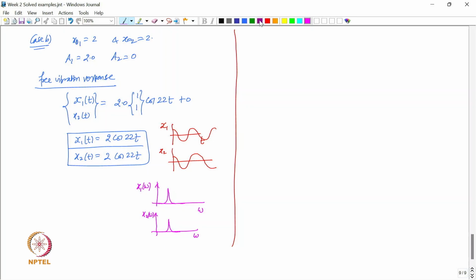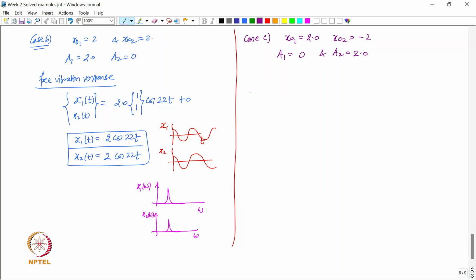So, let us now take the last case, case C. In case C we had x naught 1 equal to 2, x naught 2 equal to minus 2, and if you solve for A1 and A2 you get A1 as 0 and A2 as 2.